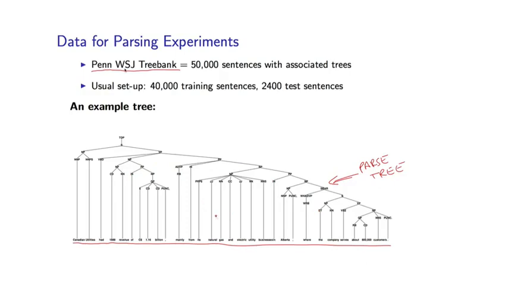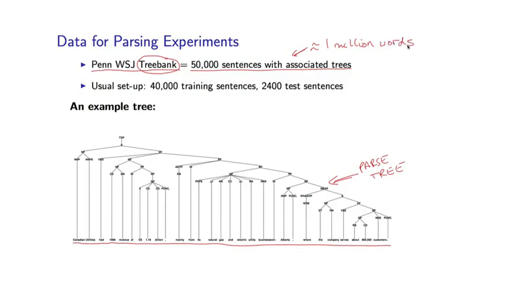The Penn Wall Street Journal Tree Bank was one very early example of a resource. We call it a tree bank. A tree bank is a collection of training data consisting of sentences paired with parse trees. The Penn Tree Bank had around 50,000 sentences, roughly 1 million words of data, and this has been annotated by hand.